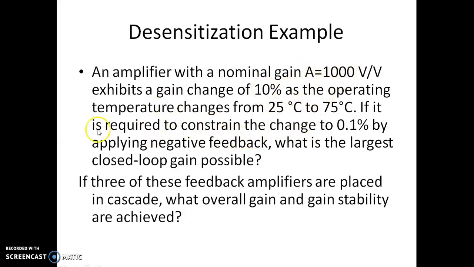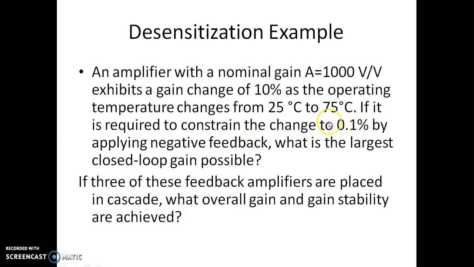Now it is required to constrain the change to only 0.1%. You can see there is a huge change in the gain, so that should be restricted to only 0.1%. That can be accomplished using negative feedback.